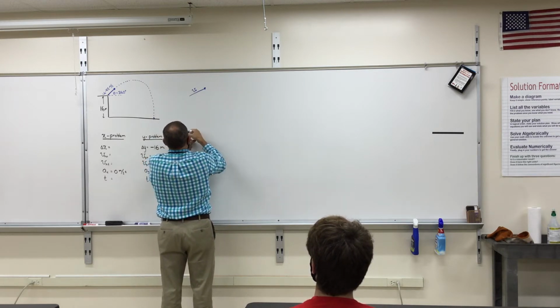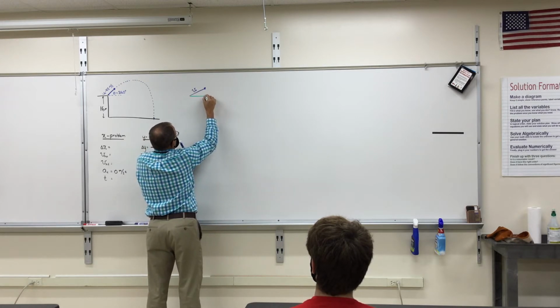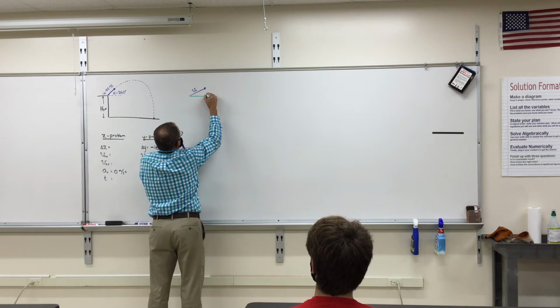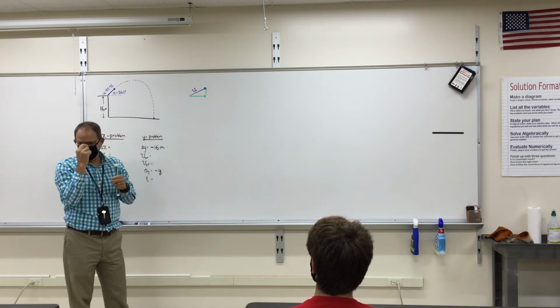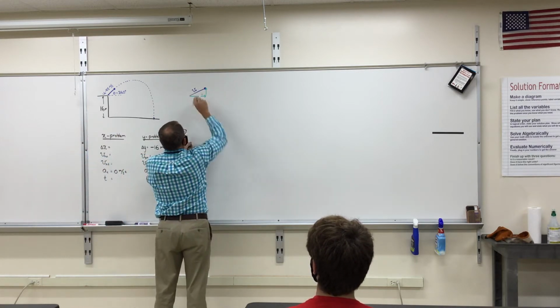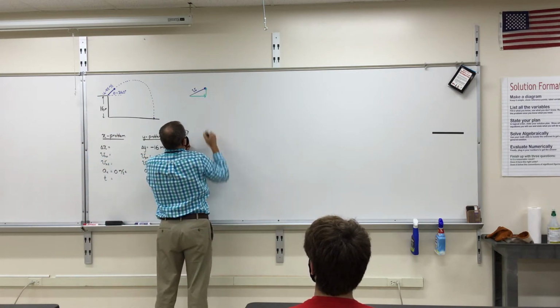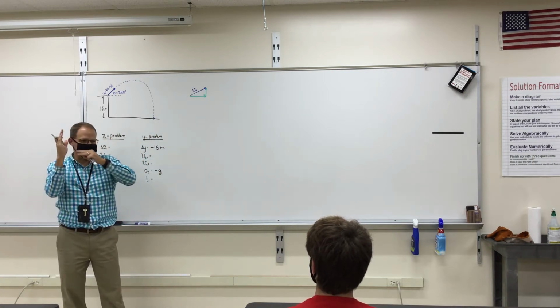So we want to figure out how fast is it moving horizontally at launch time, and how fast is it moving vertically. And those are just components of the vector, right? Because the x and the y direction are perpendicular, or orthogonal, as a mathematician would say. Orthogonal means perpendicular.